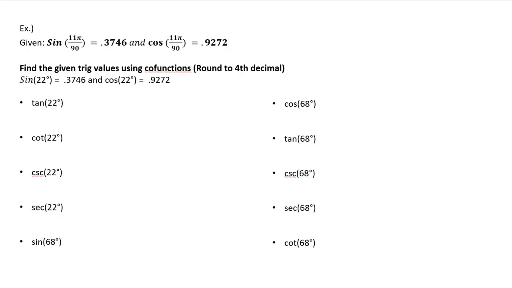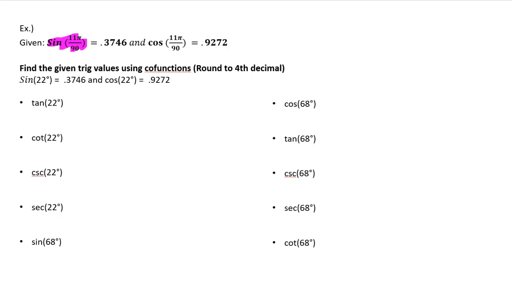Okay, so this is really some values that you're going to be given as an example. And what they're doing here is just giving you an actual value to work with. So I know sine of 11 pi over 90 is 0.3746, and cosine of 11 pi over 90 equals 0.9272. So obviously those are values that are not exactly on our unit circle.